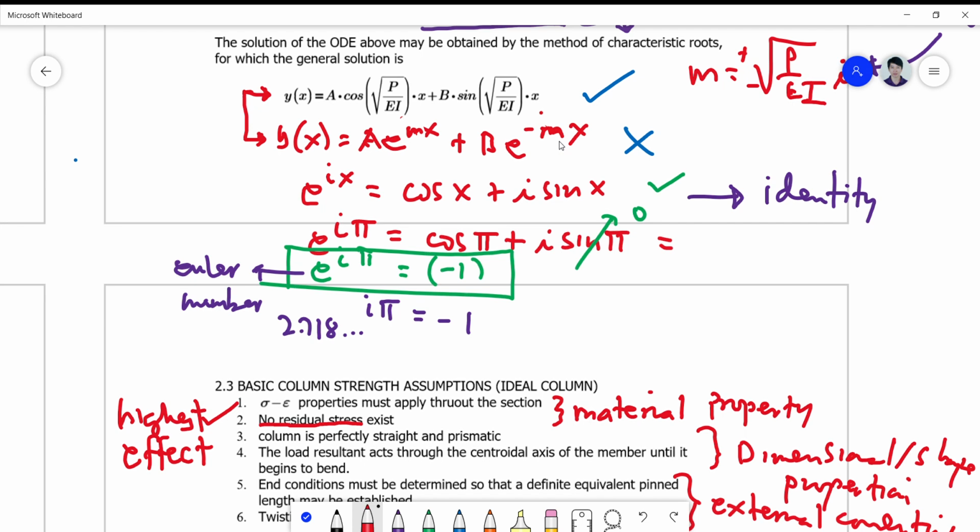Or we can call it, sorry, we can call it m1, just to avoid confusion. Let's be more mathematical, no? So this is e to the m1.